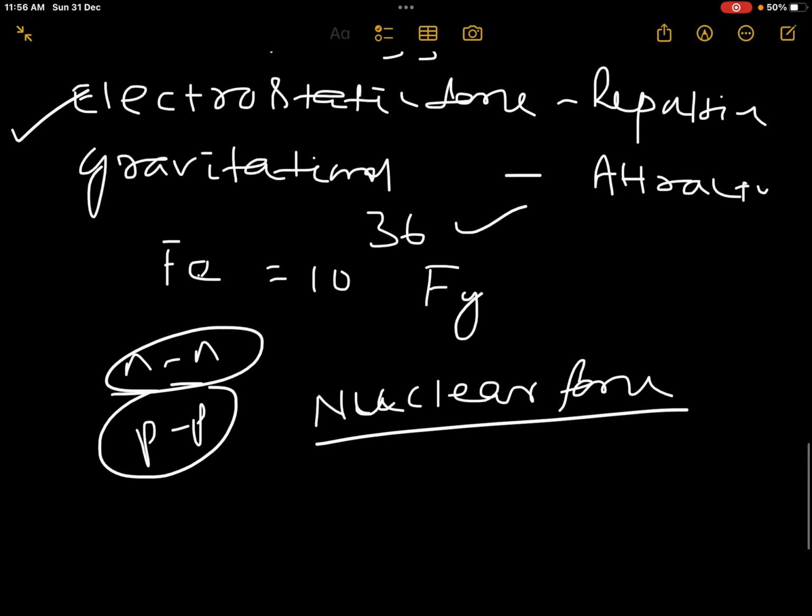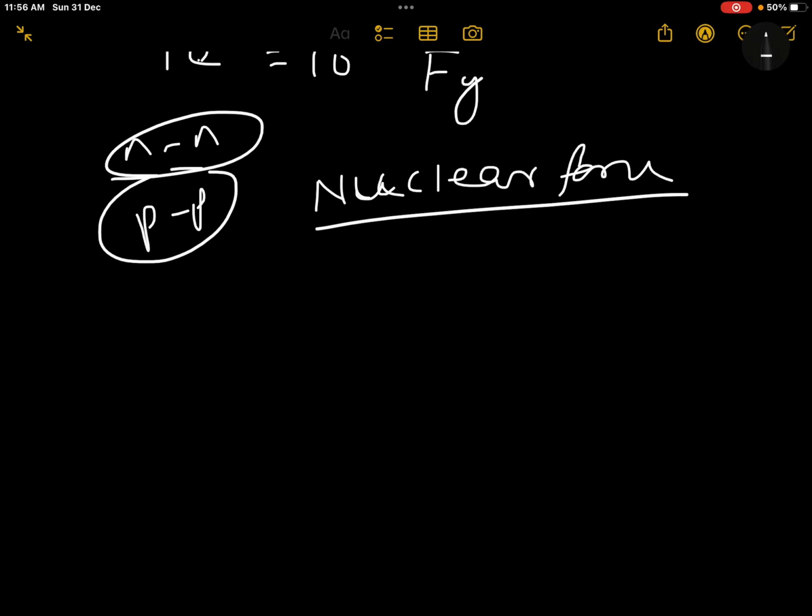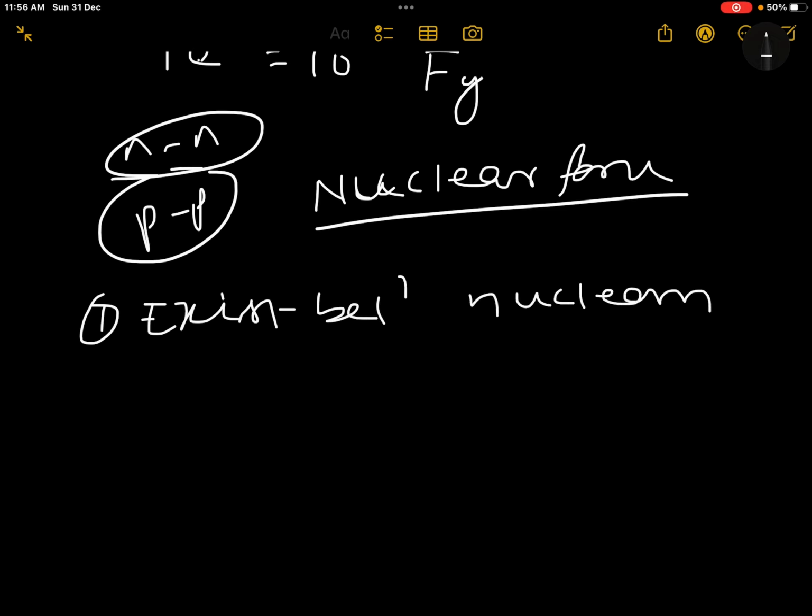Now we are going to talk about the nuclear forces. What are the nuclear forces? First, they exist between nucleons, that is either neutron-neutron, proton-proton, or neutron-proton. It is the strongest force in nature.